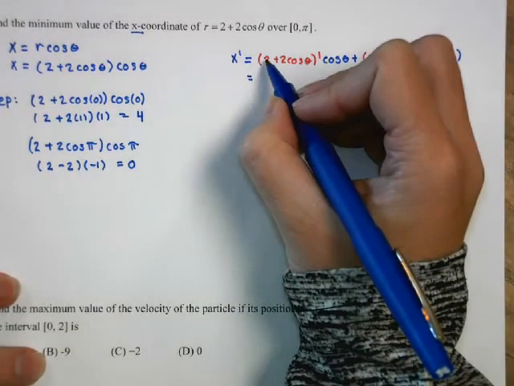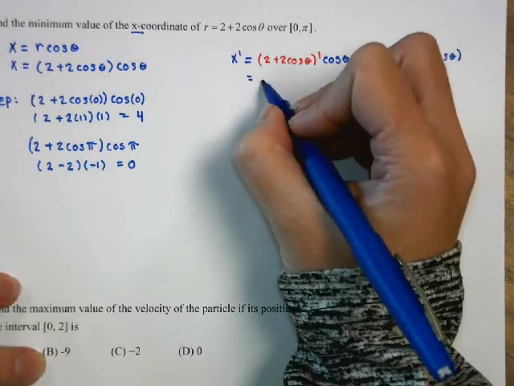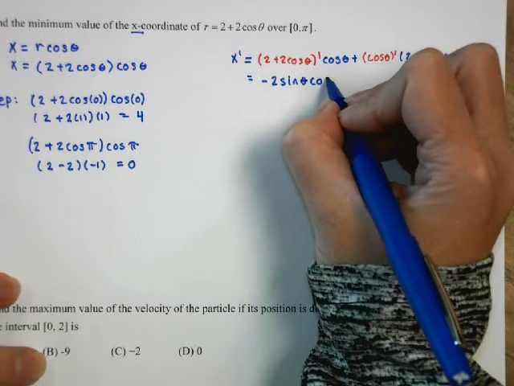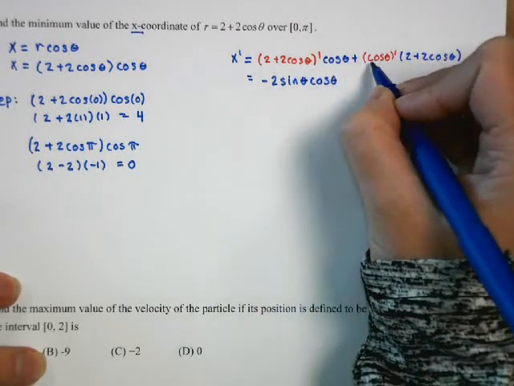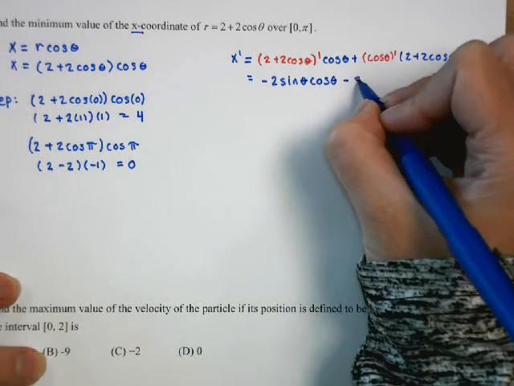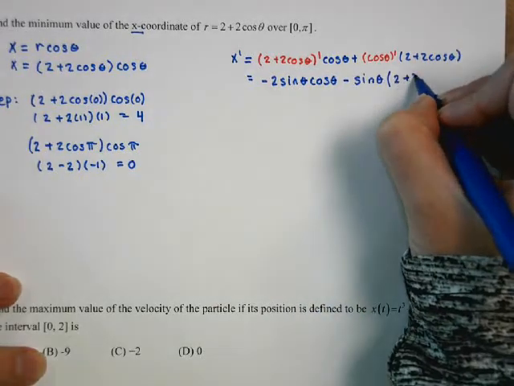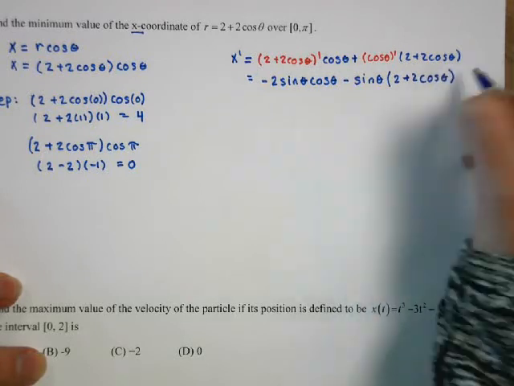So the derivative of this, derivative of 2 is 0, so we're going to have a negative 2 sine theta times cosine theta. This derivative is going to be a negative sine theta times 2 plus 2 cosine theta.